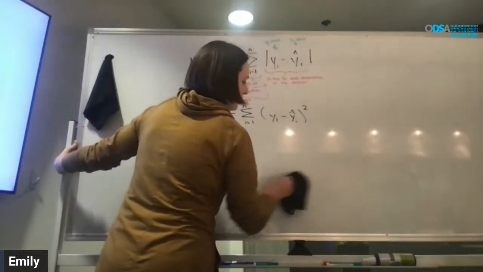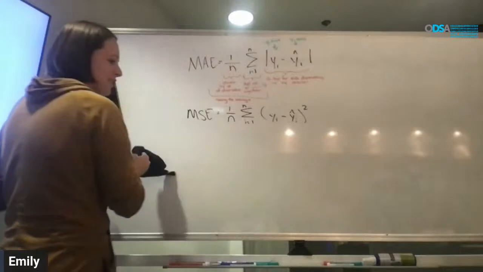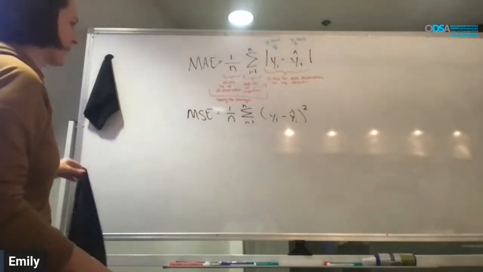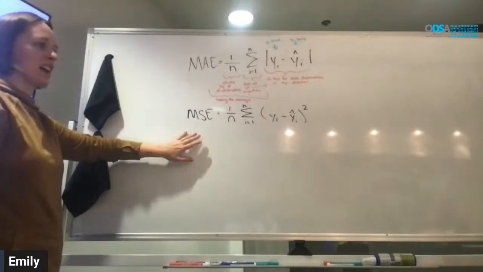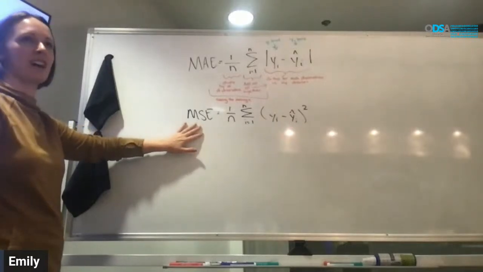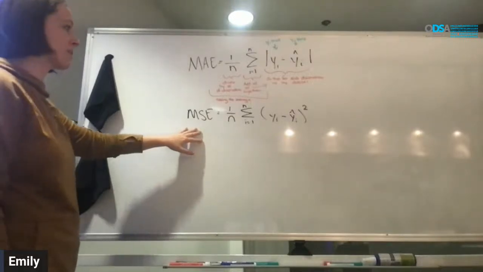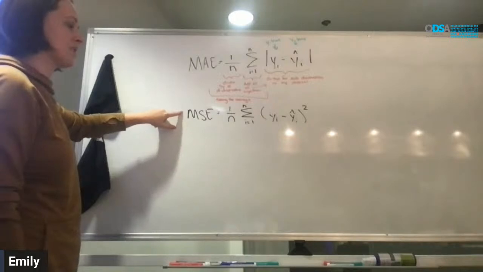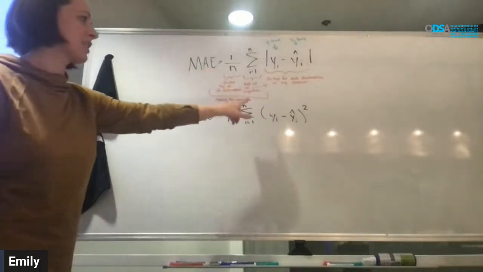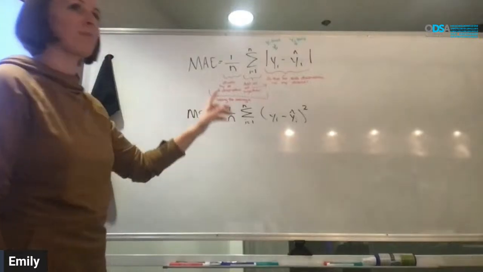I actually don't use mean squared error for that exact reason. I don't know that I should maybe recommend that. Maybe there's problems where it makes a lot of sense. I don't use mean squared error because it's not interpretable to what the actual difference is. And there are other metrics that are pretty much close enough that measure exactly the same way this does, but have a slightly different component added to it, which we're going to talk about in a minute, which is called root mean squared error.